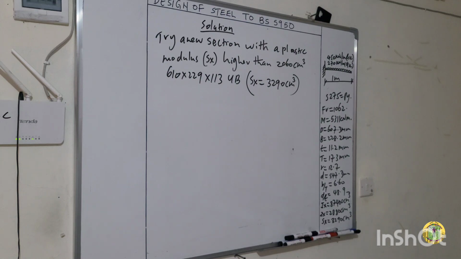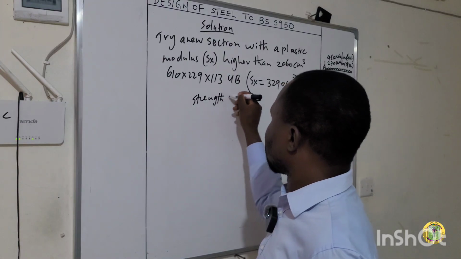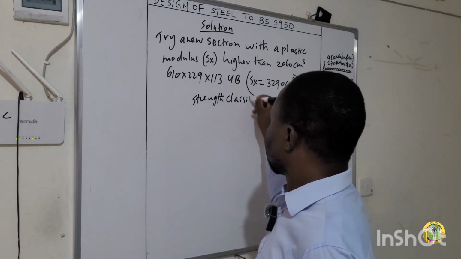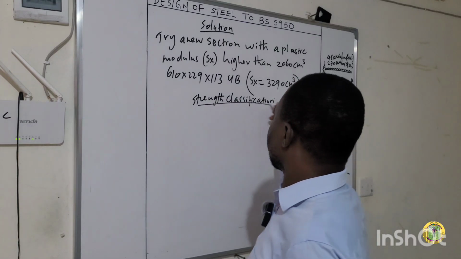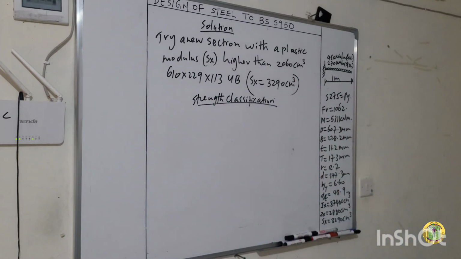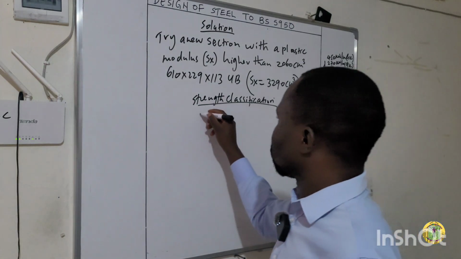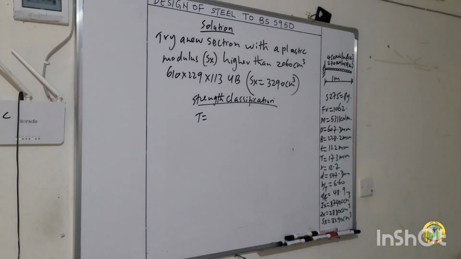So strength classification. I'm sure you know how to classify the strength of the section. I've already shown you. So we always use capital T. Capital T is the thickness of the flange.